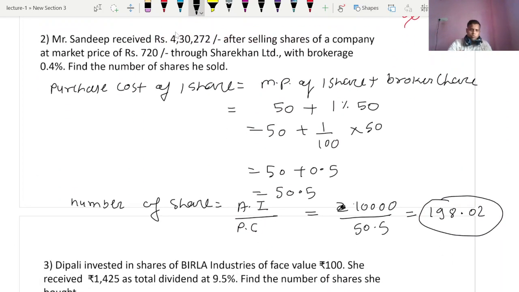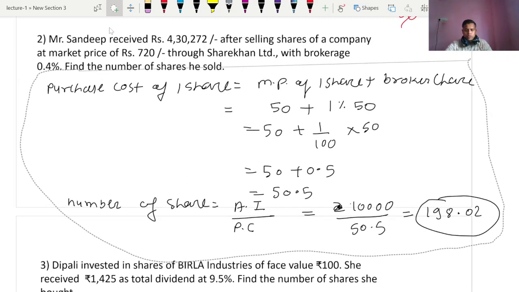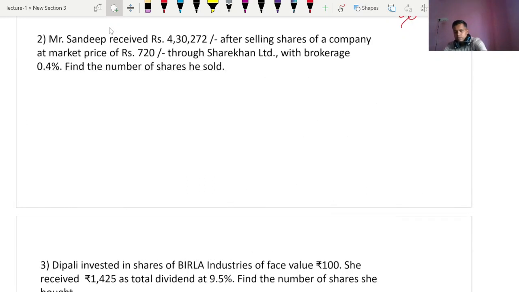Okay. So let me rough this so that we can solve the second question. What is the second question? Mr. Sandeep received rupees 4,30,270 after selling shares of a company at a market price of rupees 720. Okay.